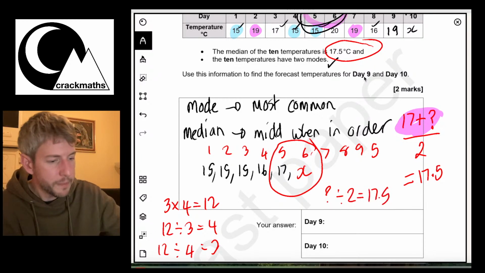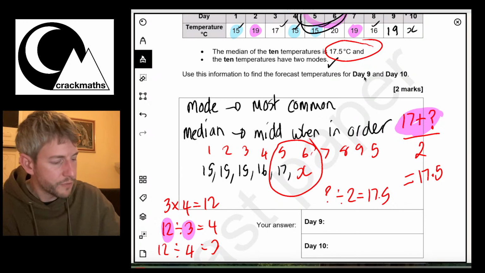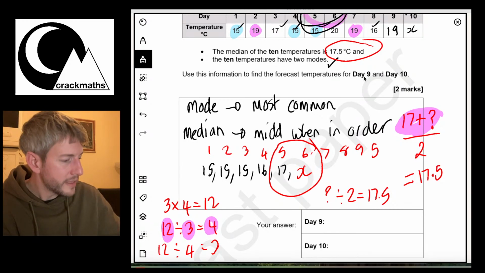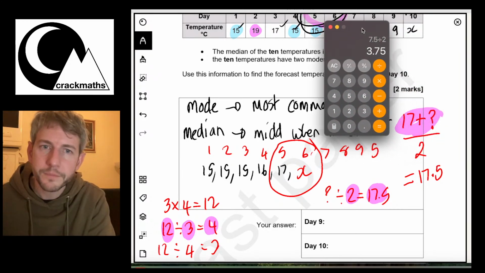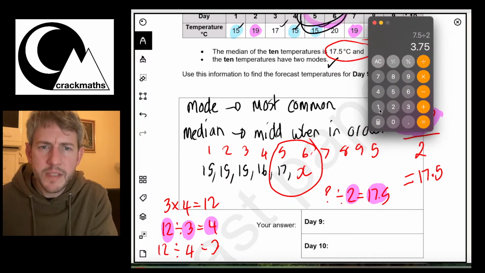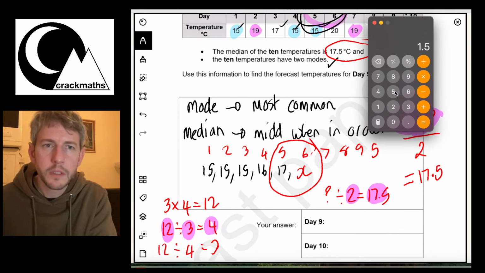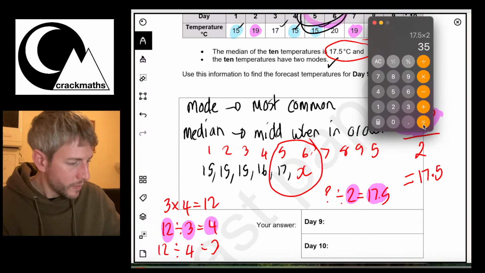Therefore, if something divided by 3 equals 4, well then that means that this times this will equal that something. So let's bring out the calculator for that. So 17.5 times 2 equals 35. Okay, so we can check that as well.